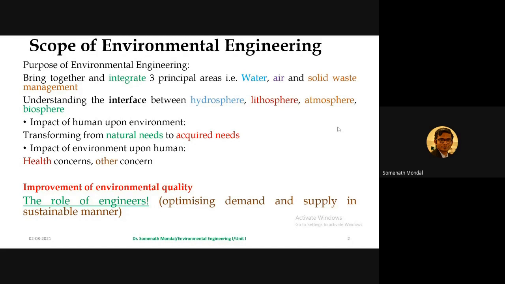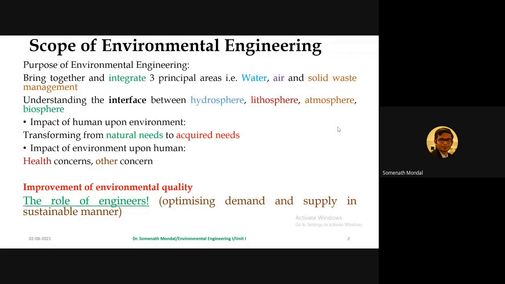So things are getting a bit more philosophical in the scope of environmental engineering, because it is like that. You need to understand the greater picture, and you need to have a proper perspective of the entire scope of environmental engineering.